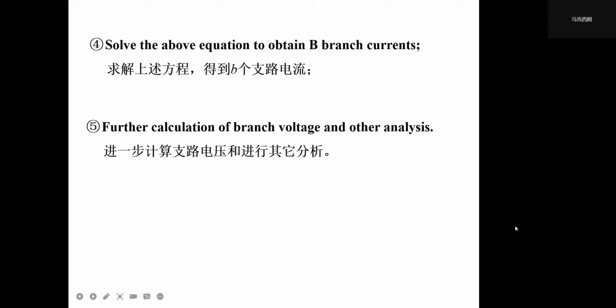Once we reach the value of the current on each branch, we can calculate the voltages and other unknown parameters in the circuit.